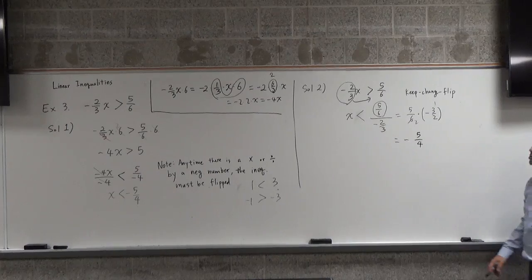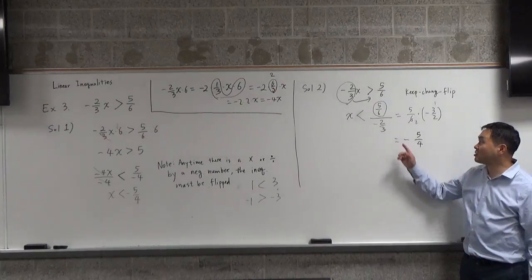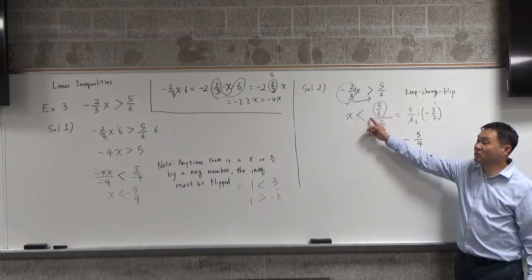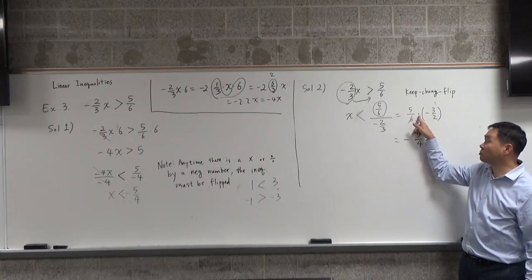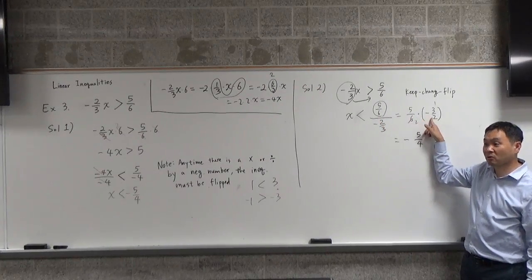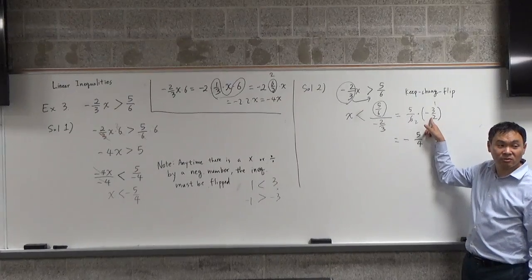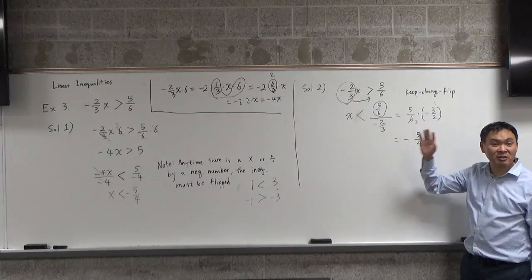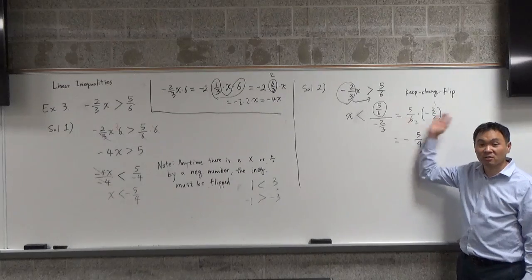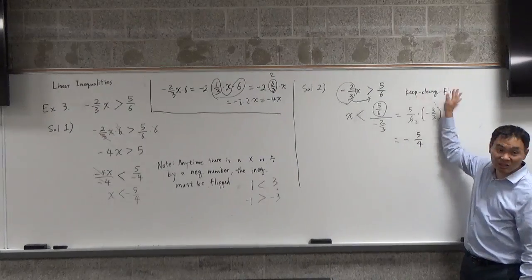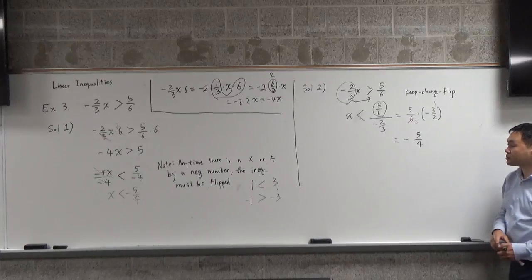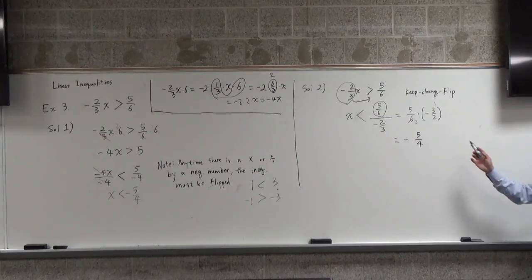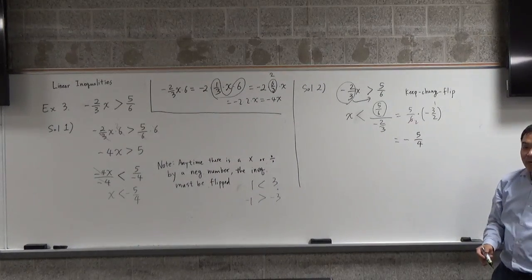Now this keep, change idea is nothing else than what I just explained. Division is the same as multiplication by its reciprocal. If you agree with that statement, then this is nothing surprising. It's also known as keep, change, flip. So you can see either way you get the same answer, negative 5 over 4.